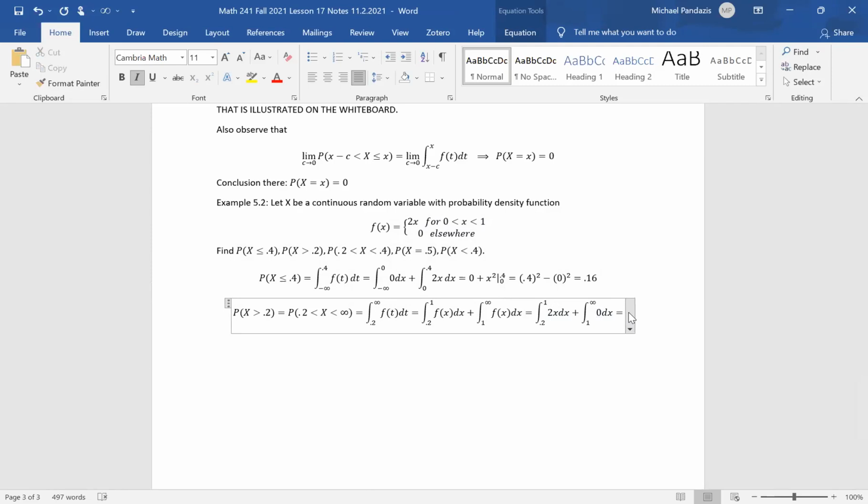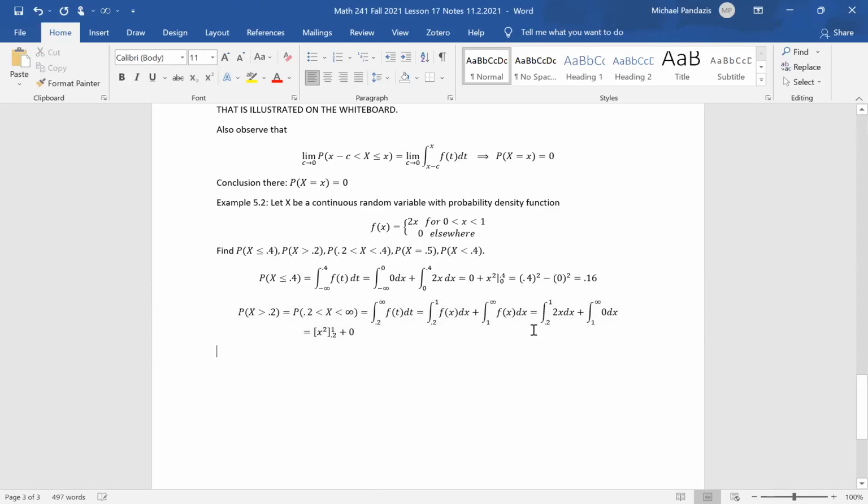And so then that's equal to, well, the first integral is x squared evaluated from 0.2 to 1. Let me write that in brackets; maybe it's a little clearer that way. You have x squared evaluated from 0.2 to 1, and then plus the other one's 0, right?